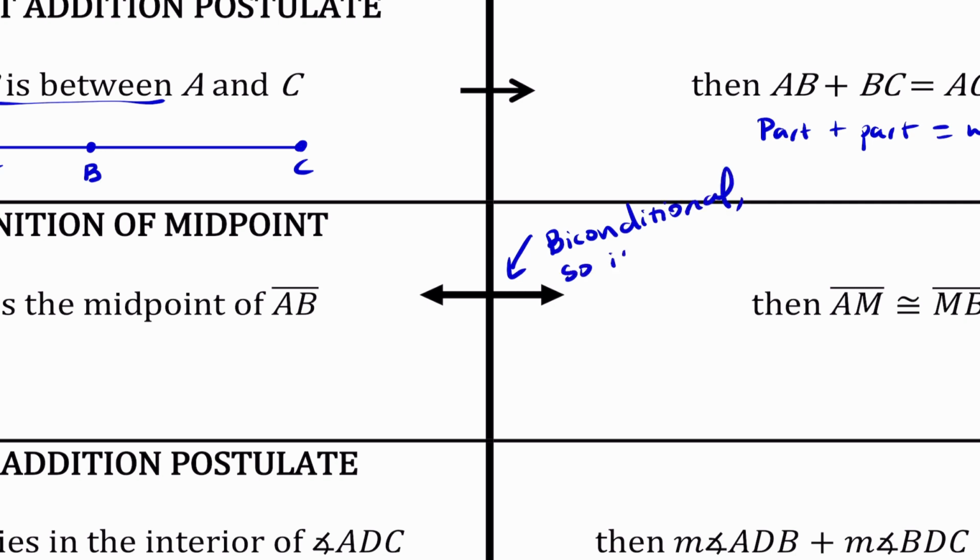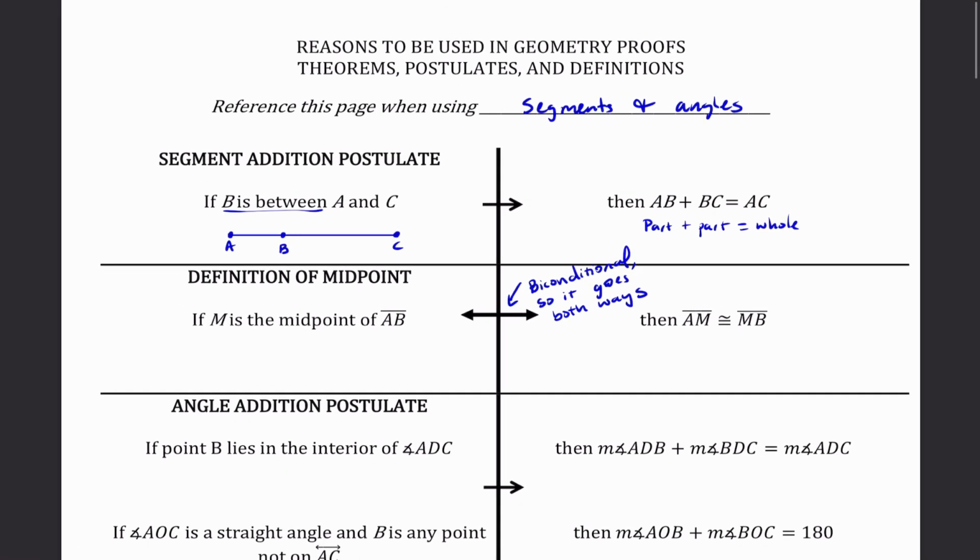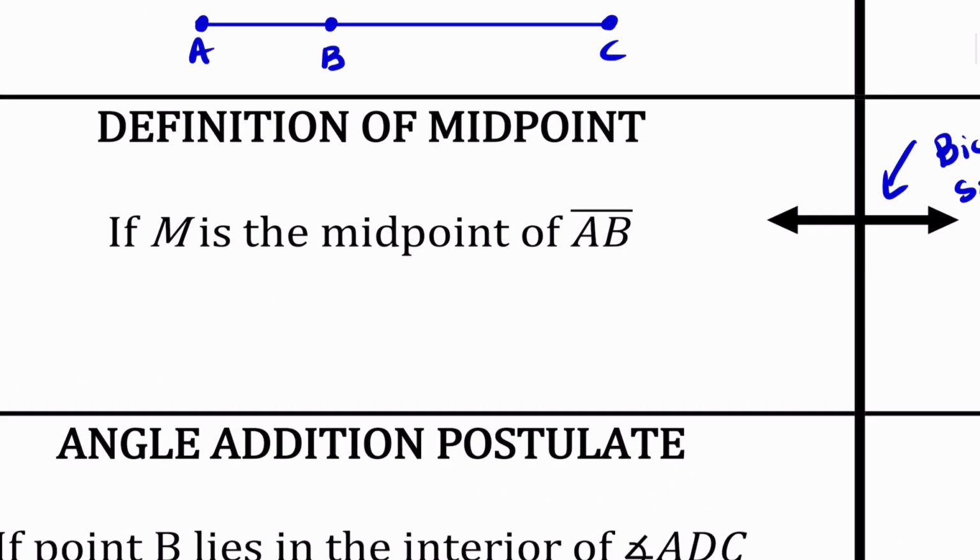So it goes both ways. Okay? So here, let me go ahead and draw this picture. Again, we're dealing with segments. So here is my segment with these endpoints, and then M is the midpoint between those two points.